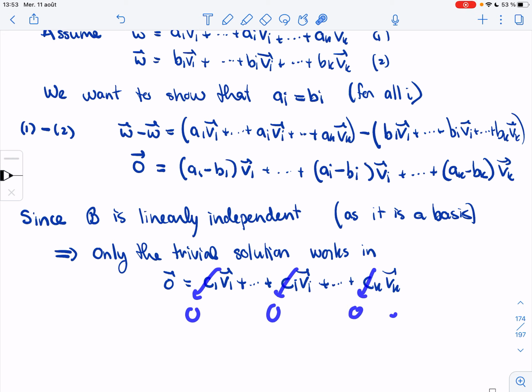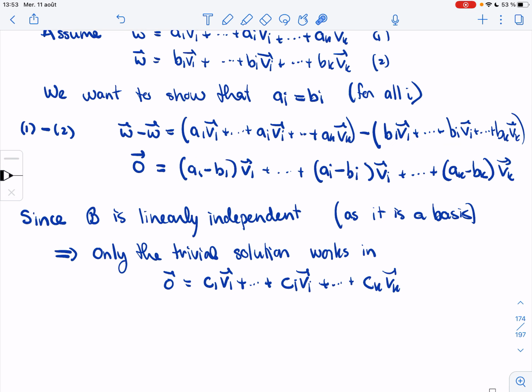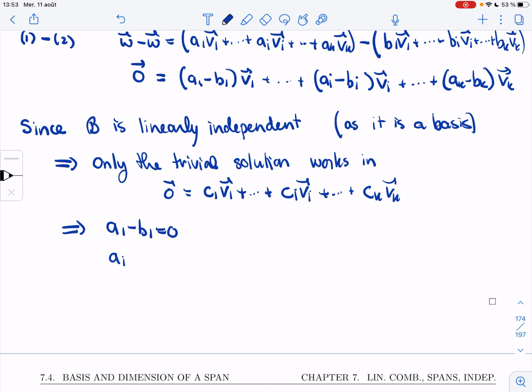All right, so that means this has to be 0, this has to be 0, this has to be 0. So if I apply this to our linear combination up here, that's going to mean that each of these coefficients will need to be 0 as well. So A1 minus B1 will be 0, AI minus BI will be 0, and AK minus BK will be 0.